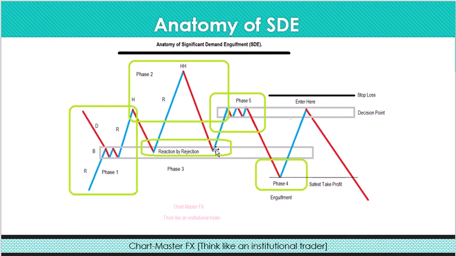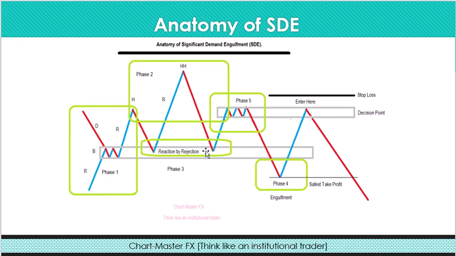You can see, guys, that this demand was finally engulfed. This demand was being weakened as the price came back for the first time and for the second time. You can see that this base has been weakened. Once this base has been weakened, the price finally was able to engulf this base.